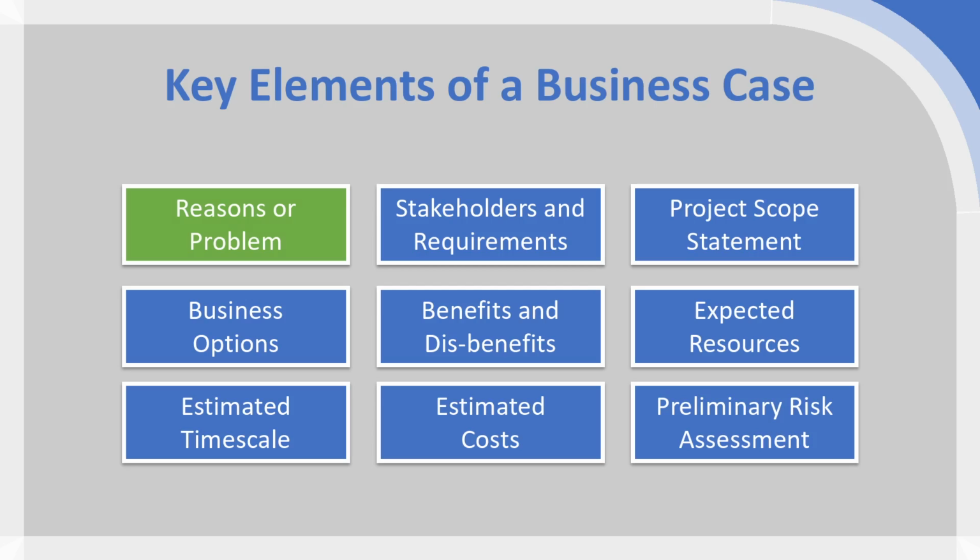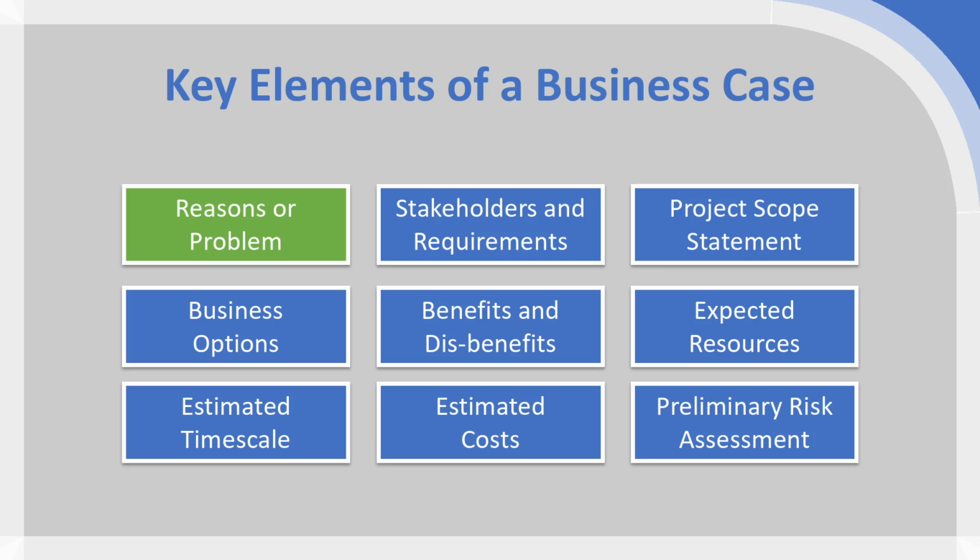Firstly, the major element that really has to be present, without which you can't really consider a business case for a project, is the actual reasons that you want to run the project or the underlying problem that you're trying to solve. So this should be set out very clearly. You want to have a clear problem statement which expresses exactly what problem the project is designed to solve, or the underlying reasons, of which there may be more than one.